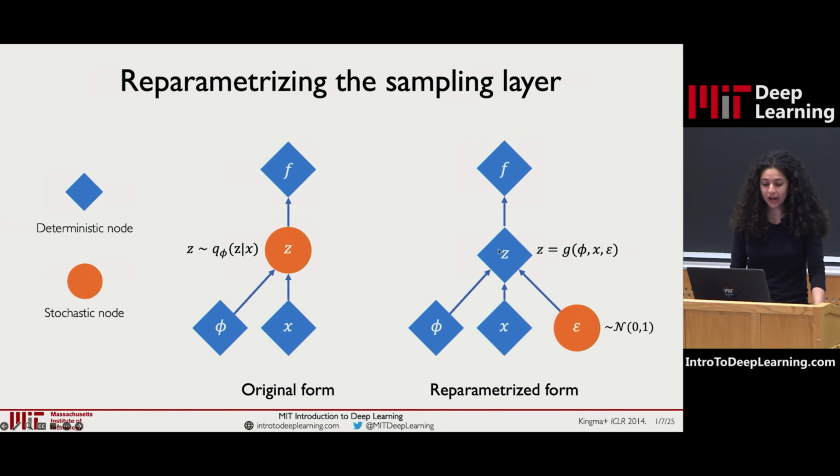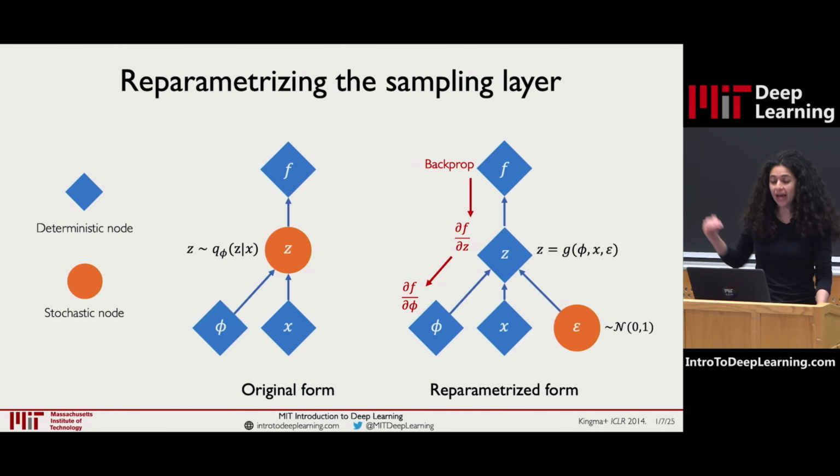Instead, if we now break out z to control and encode all the sampling randomness into this stochastic constant epsilon, we can allow for backpropagating and passing gradients directly through z back all the way to the input x. This is really, really important now because now we can actually pass gradients through end to end and learn these latent variables based on the data in a data-driven way.